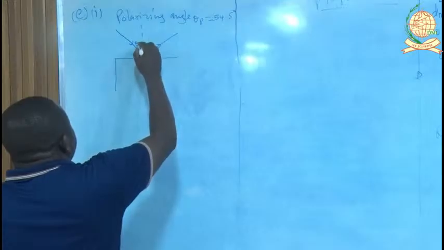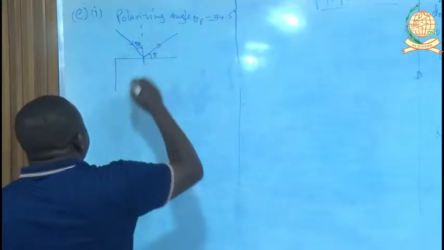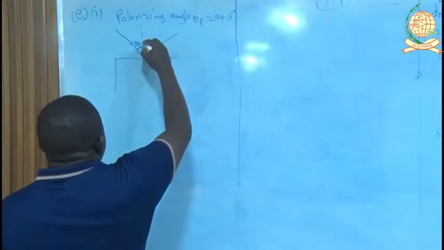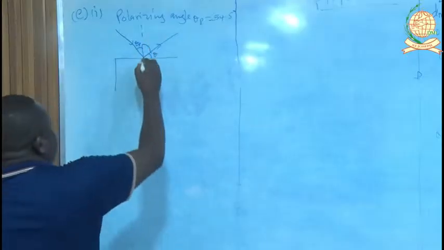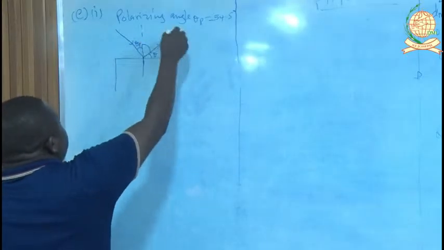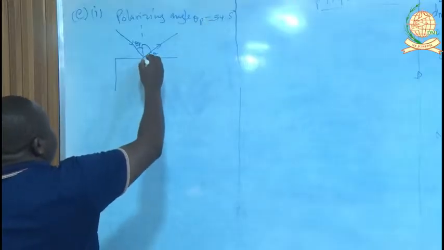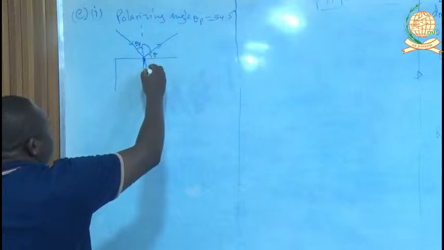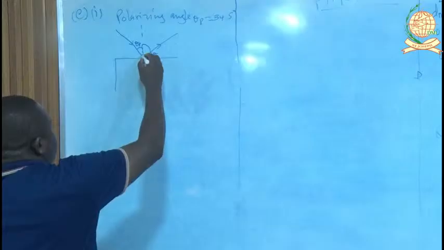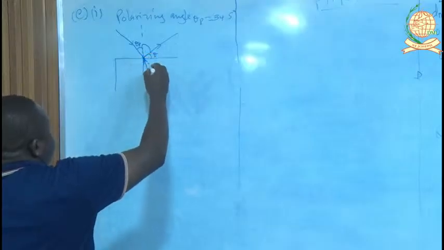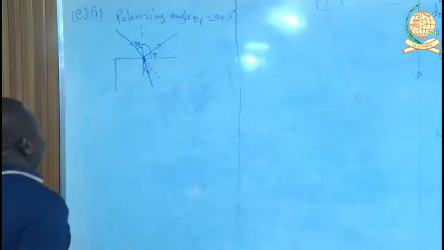Of course, only part of the light is polarized. It means the other part will be transmitted. The transmitted will be a little bit refracted, and this is the angle of refraction.